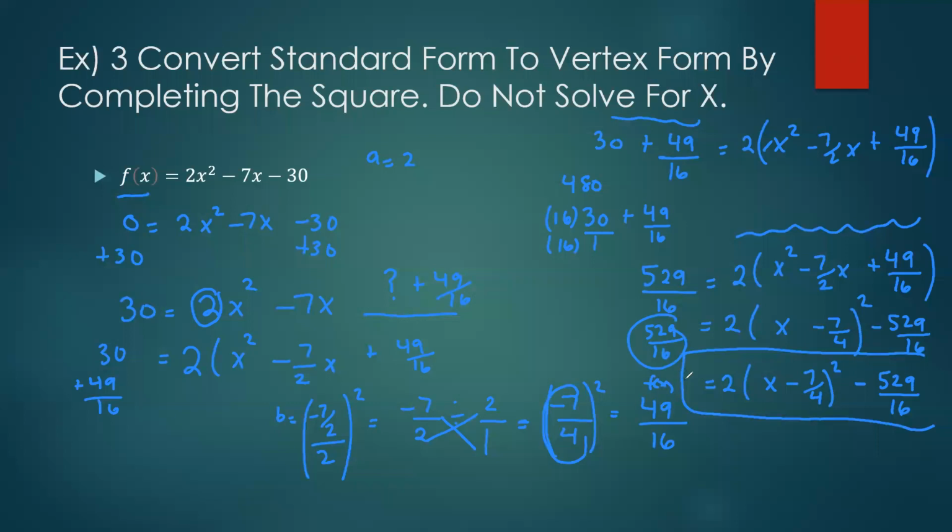So f of x equals 2 parentheses x minus 7/4 square minus 529 over 16 is in vertex form. So you converted standard form to vertex form when the a value is greater than 1. So yeah, the tricky part for this one was we had to factor out that 2.